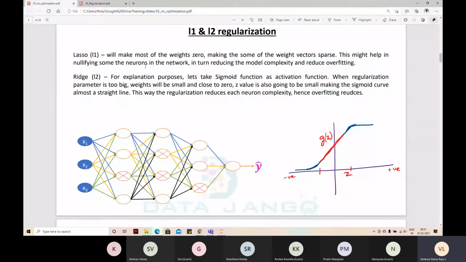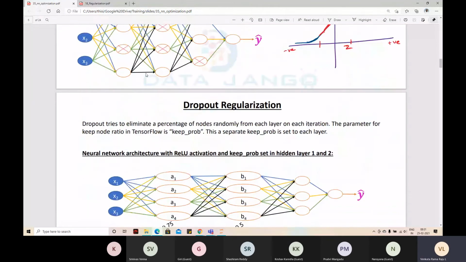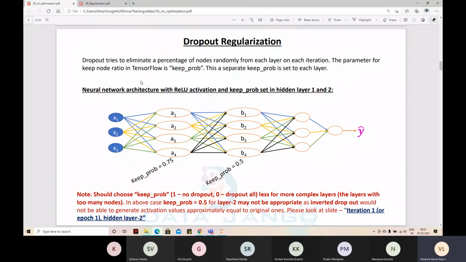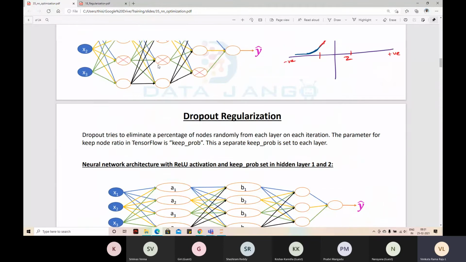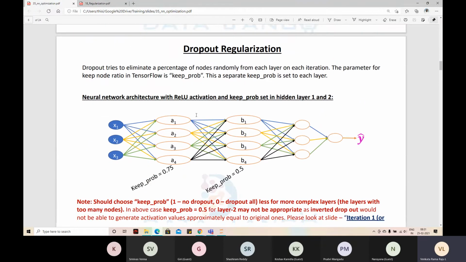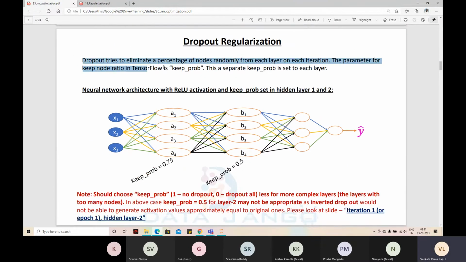That is about L1, L2 regularization, and L1 plus L2 is the elastic net. The next regularization is dropout regularization. Here we were playing with the weights or activations to drop some of the nodes. But there is another concept called dropout regularization, where you can specify the percentage of nodes you want to drop in a network.